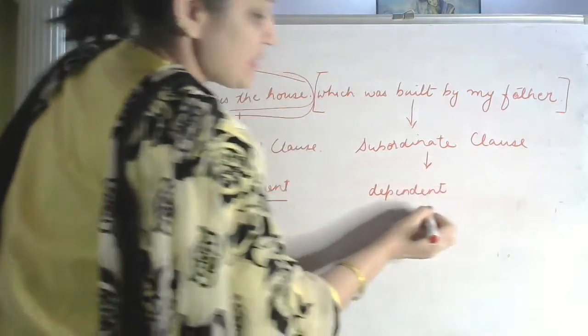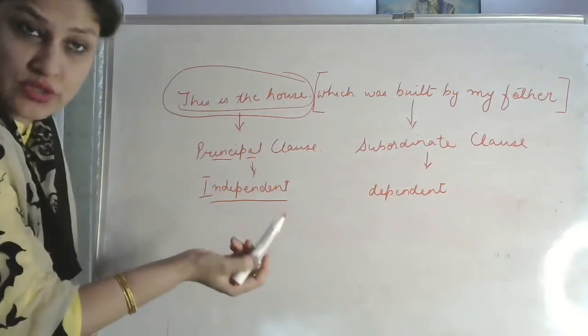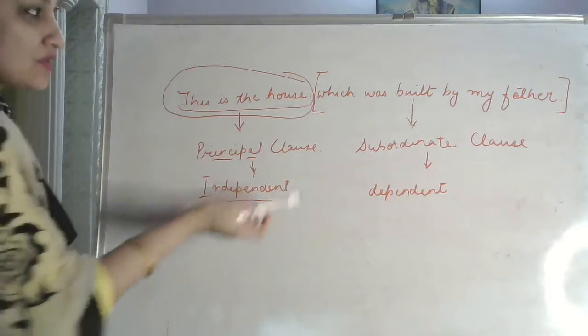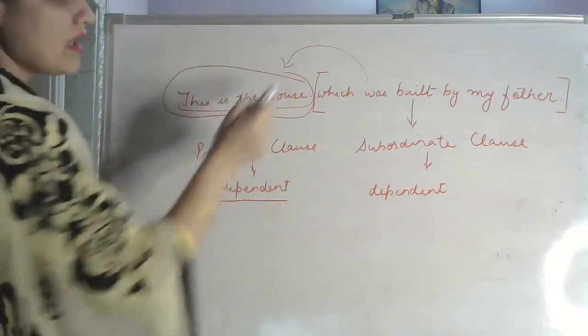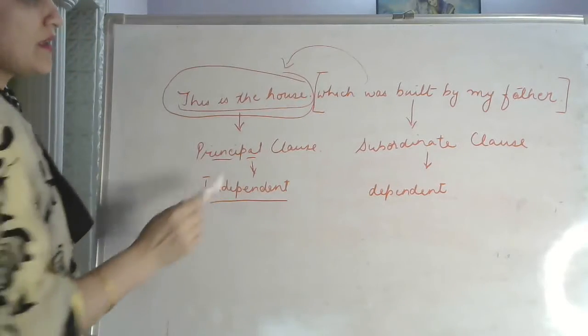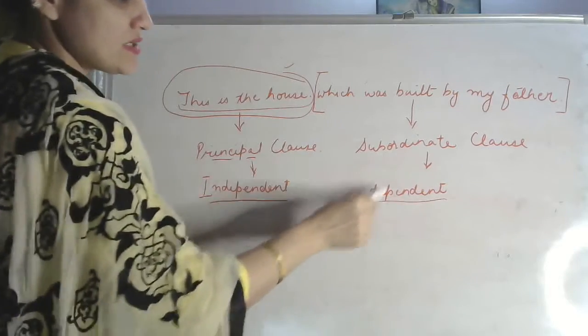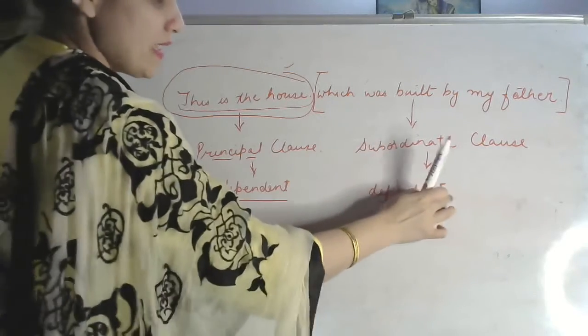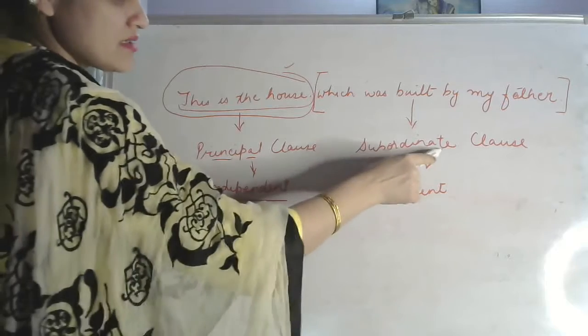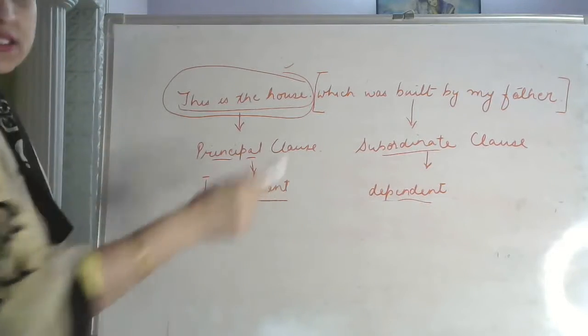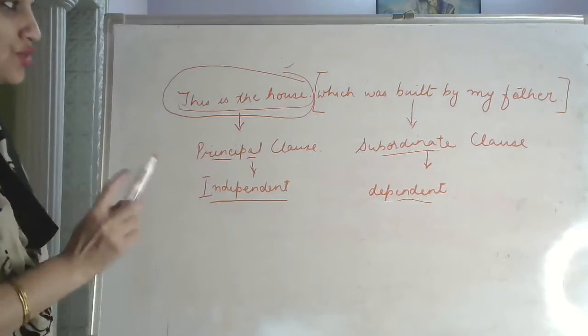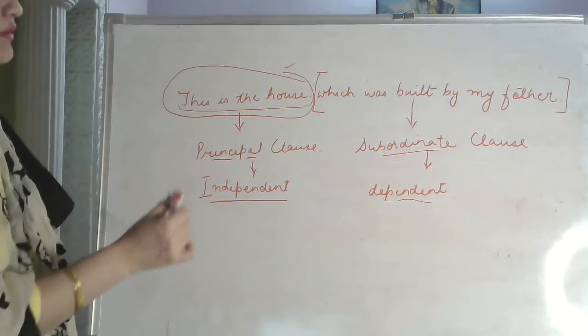Why dependent? Because it cannot stand on its own. It is not a complete sentence. So it needs the help of this part of the sentence. That is why it is a dependent and a subordinate clause. You can select either. Fine. So now you know what a clause is, right?